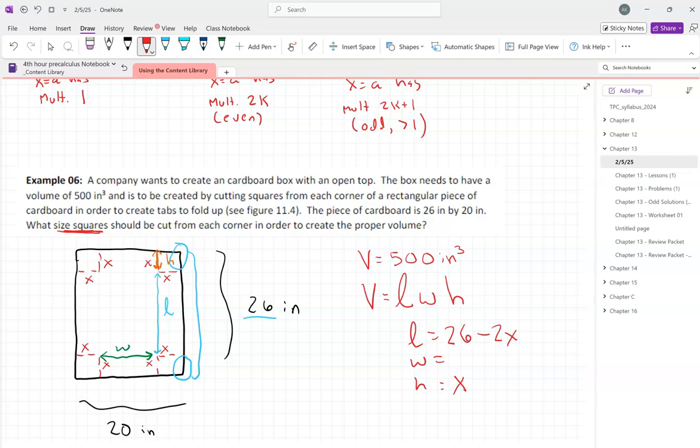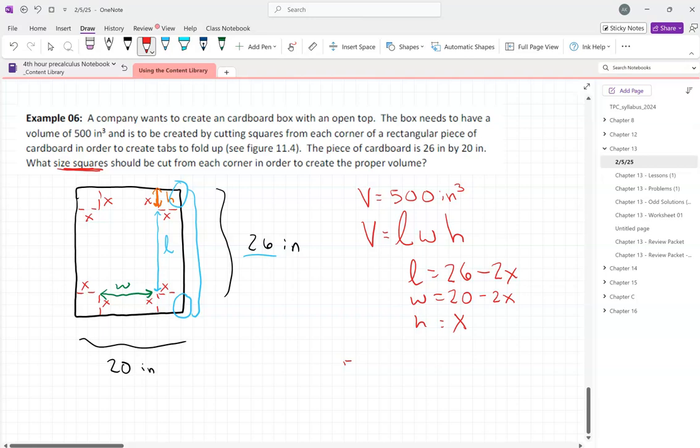Because I'm taking away x and then taking away x again. That's 2 x's. Everybody agree? What's the other side going to be? 20 minus 2x. Everybody see that?